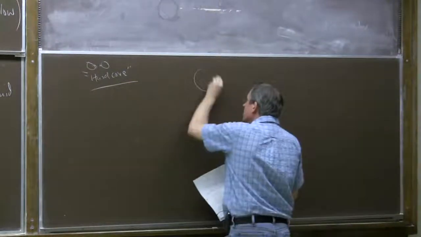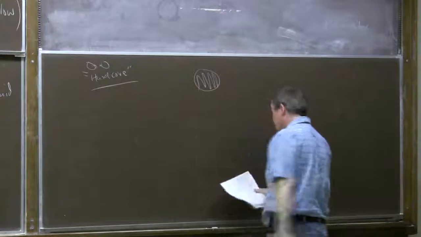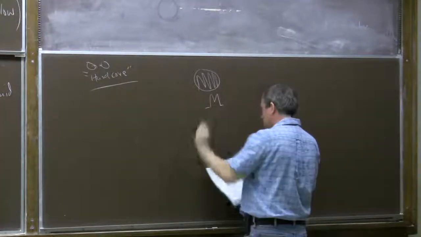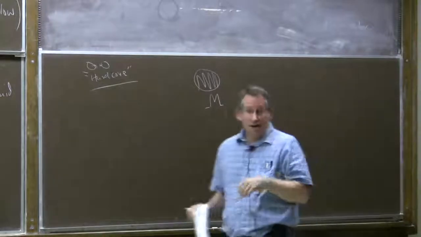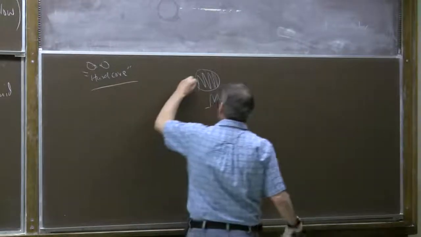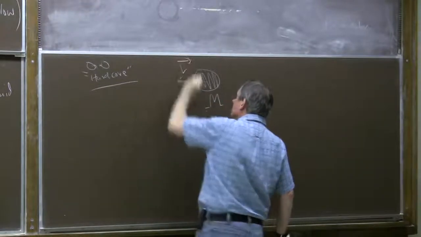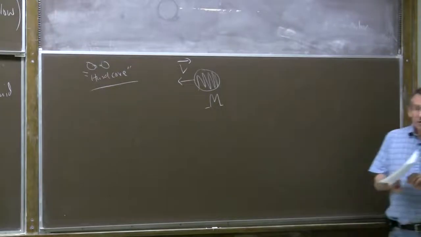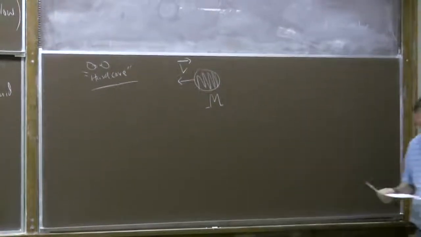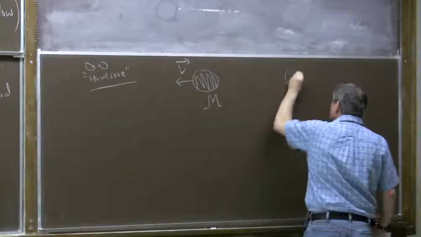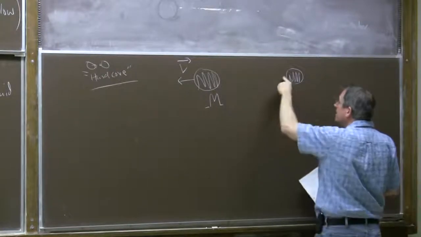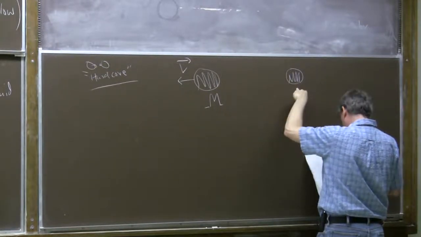I've got some big object. We can imagine it's a sphere, but it doesn't really matter. But it has a large mass compared to the masses of the individual helium atoms. And it's moving along with velocity v. And what would cause it to lose energy? Collisions with the atoms. So there could be a process in which an atom collides with this big object, or an atom gets excited by the motion of the large object.